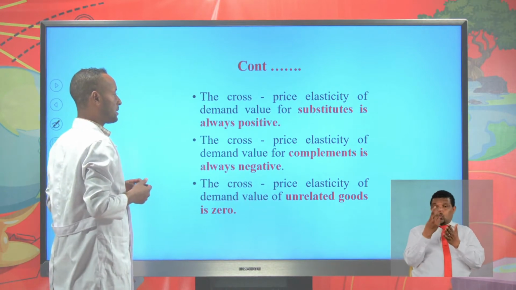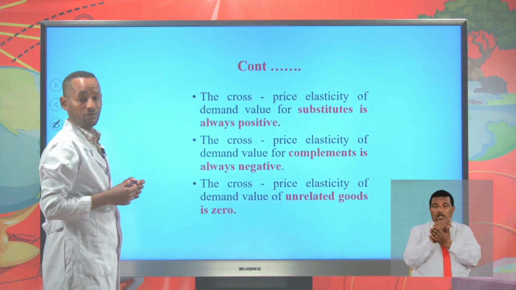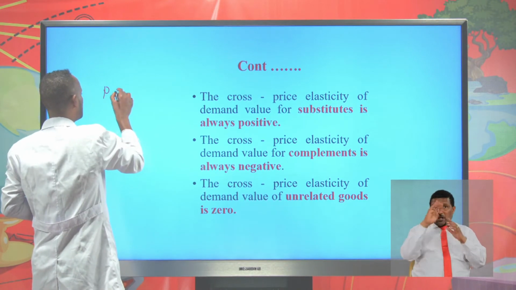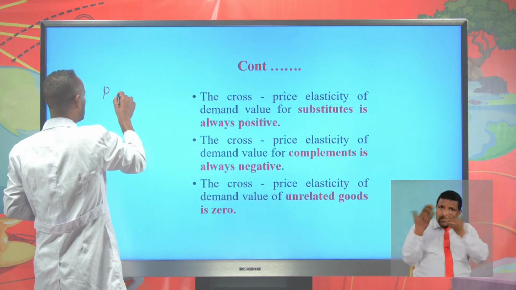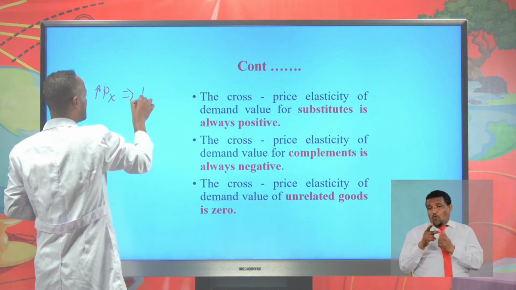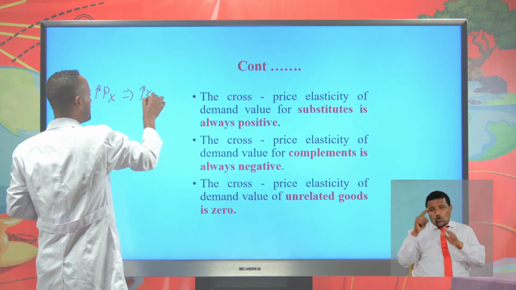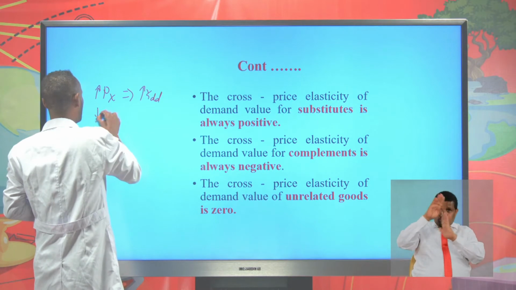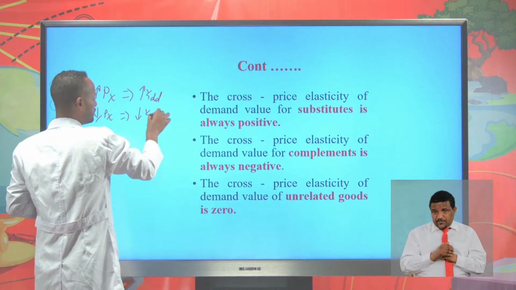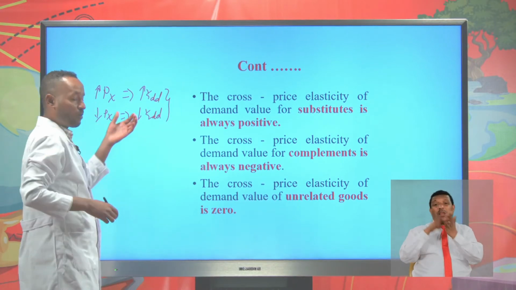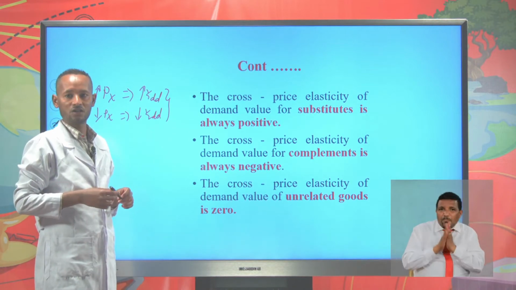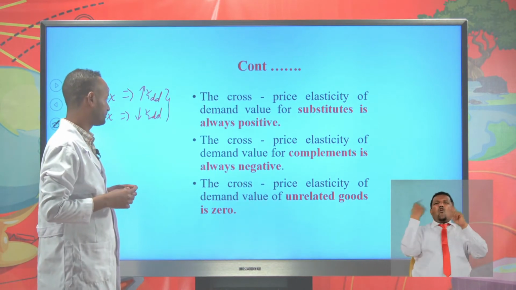If goods X and Y are substitutes, then a rise in the price of X will always increase the demand for Y, and a fall in the price of X will always decrease the demand for Y. So, due to this direct relationship, the value for substitutes is always positive.